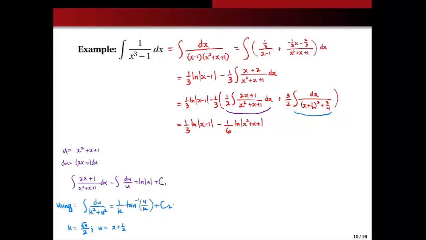So from here, u, that's x plus 1/2. So if you get your du, that's just dx. So you got this du here. This guy here will be u, and this will be your k squared.